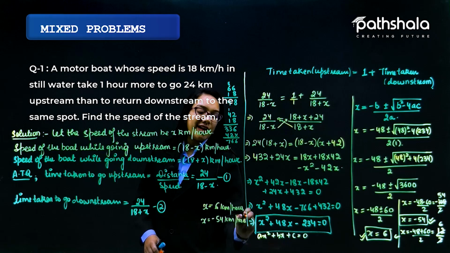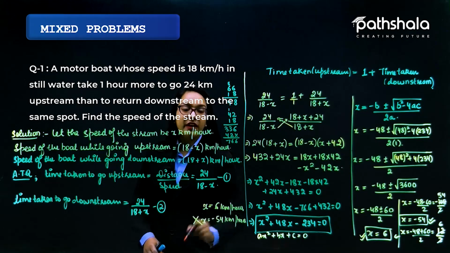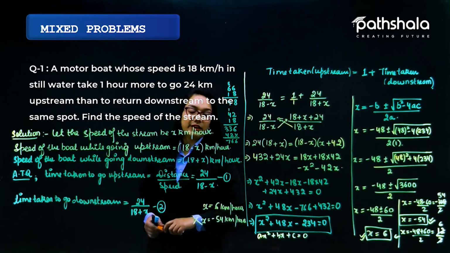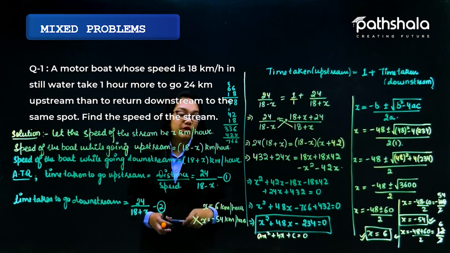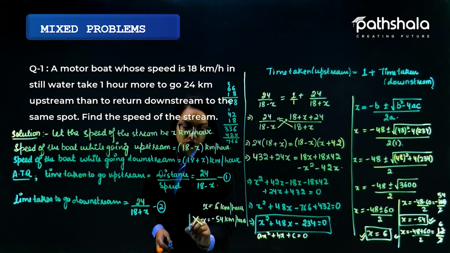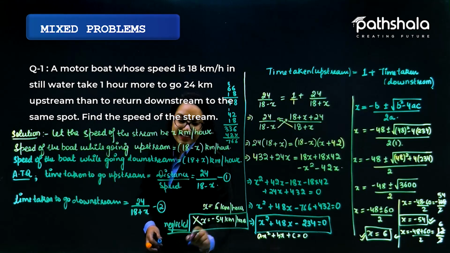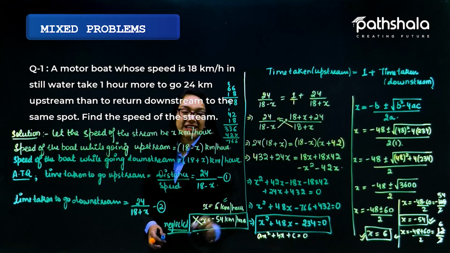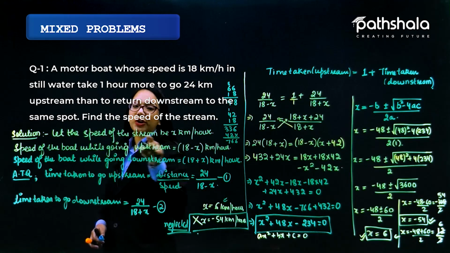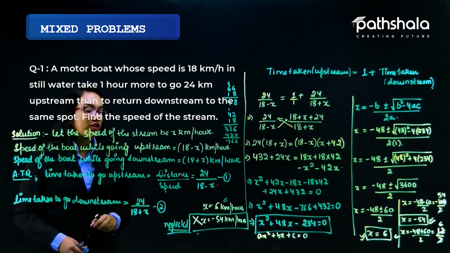Obviously, we cannot take the speed as negative. It means the speed which is negative in sign is totally neglected. So this is a neglected term because we cannot take the speed as negative, because x is equal to 6 was actually the speed of the stream. We cannot take the speed of the stream as negative.